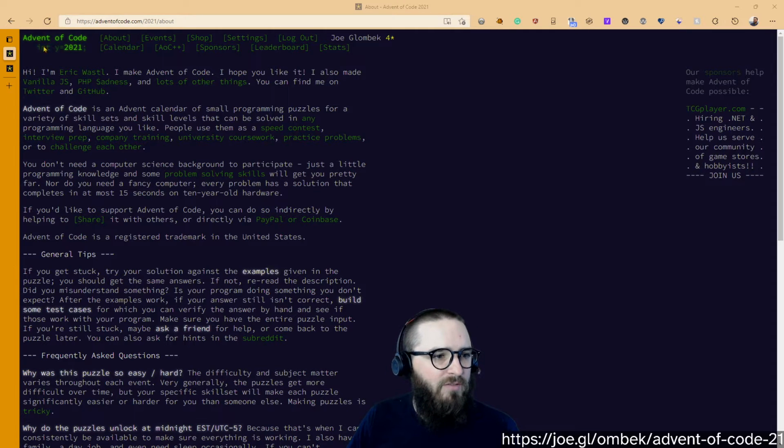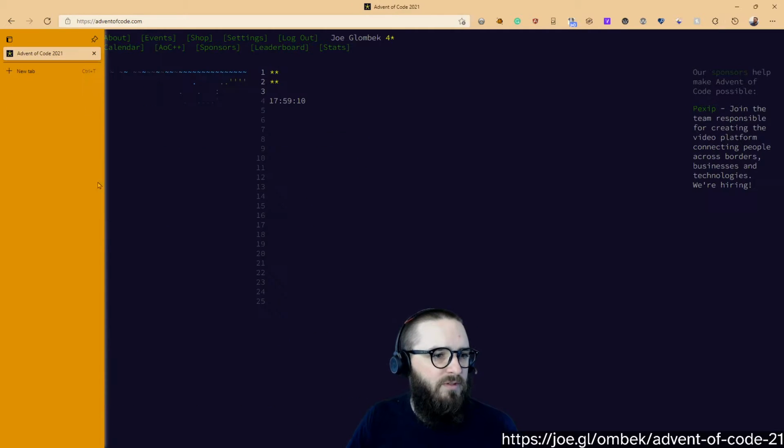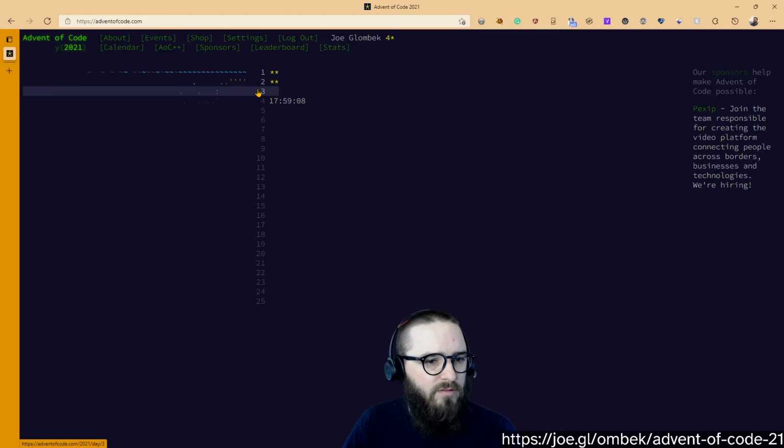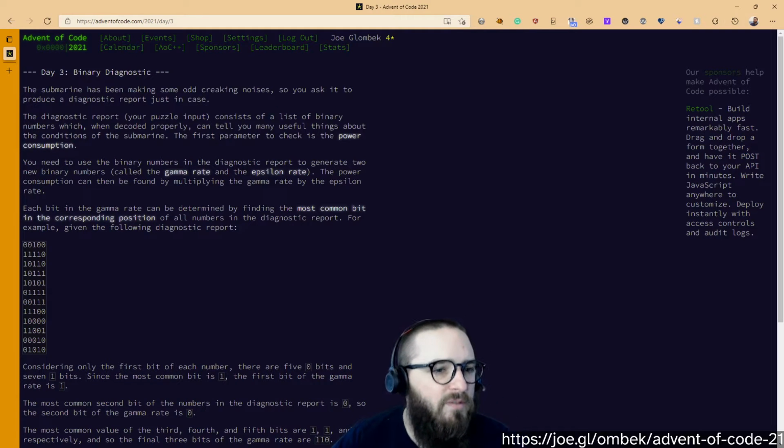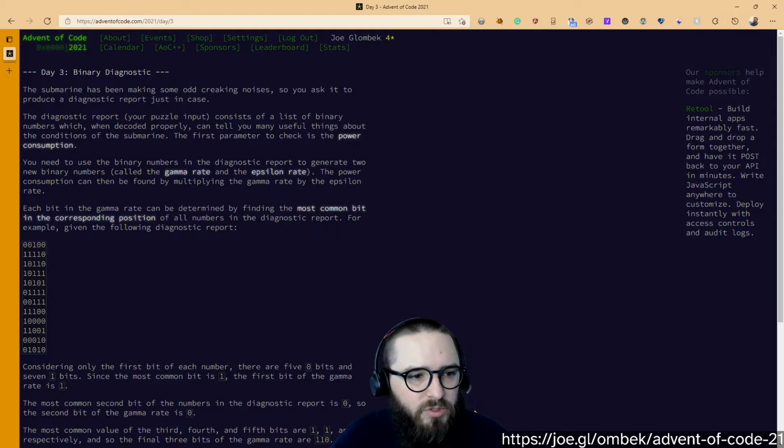Right, Advent of Code, day 3. So, the submarine has been making some odd creaking noises, so you ask it to produce a diagnostic report just in case. The diagnostic report, your puzzle input, contains a list of binary numbers which, when decoded properly, can tell you useful things about the conditions of the submarine.